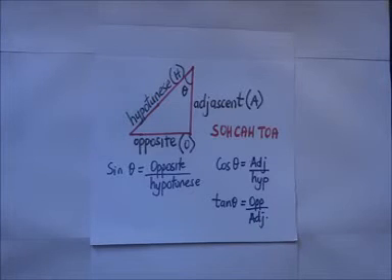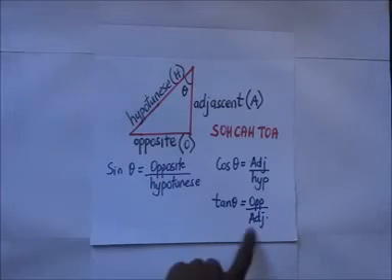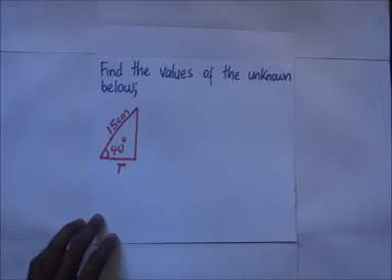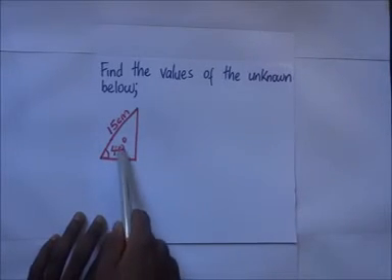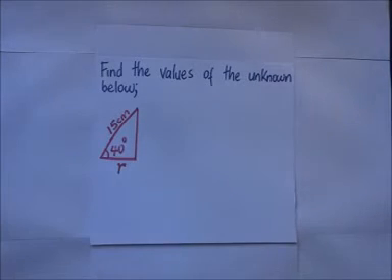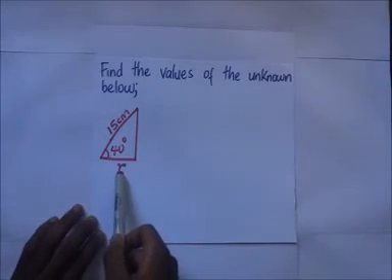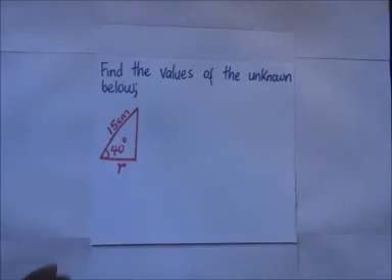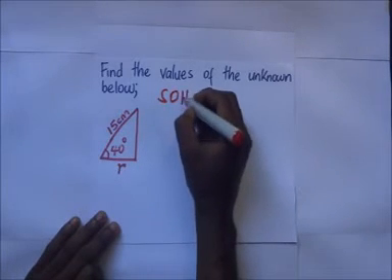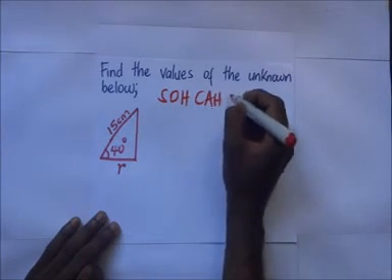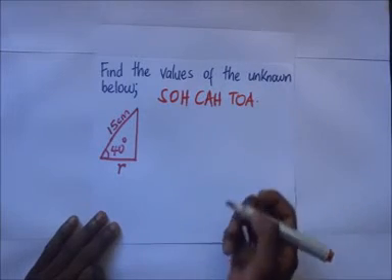We'll go straight to try some examples to illustrate this. Find the value of the unknown below. We have an unknown side here, we have an angle, and we have 15 centimeters there. This is the hypotenuse. So to find this value of r, of course, we'll quote SOHCAHTOA. That's what we shall use.